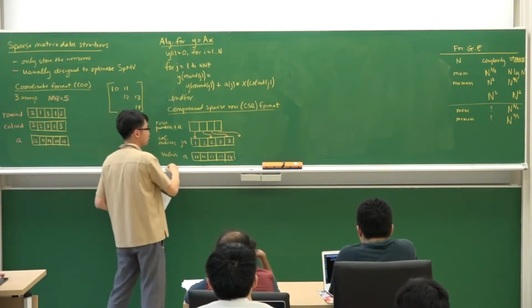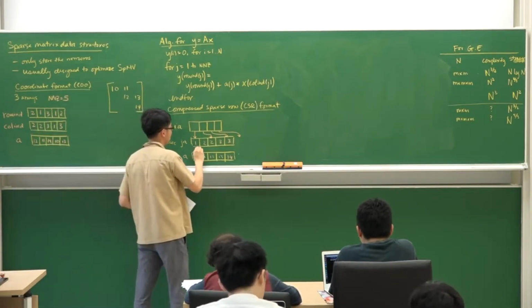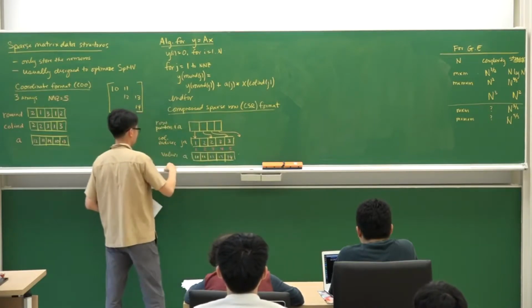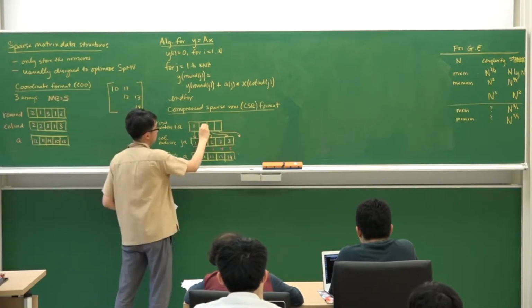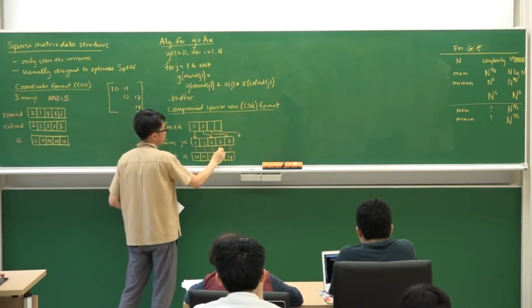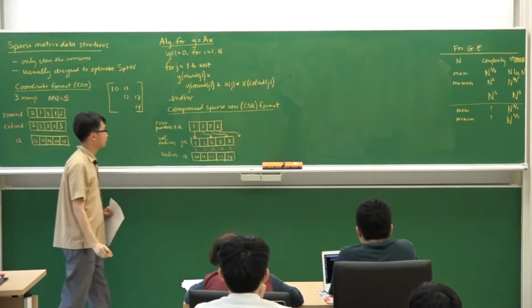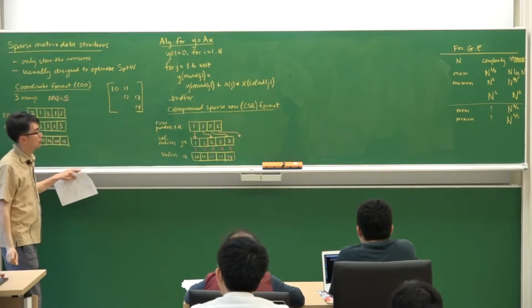And if we put some index values, so this is 1, 2, 3, 4, 5. Instead of having real pointers, this just says 1, position 1. This says 3, position 3. Position 5, and position 6. Okay, so this is the compressed sparse row format.